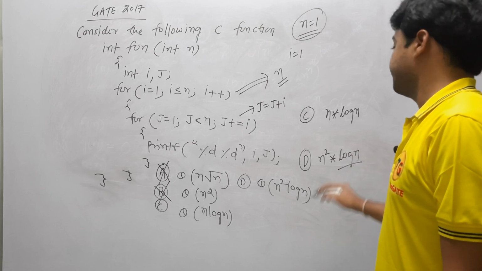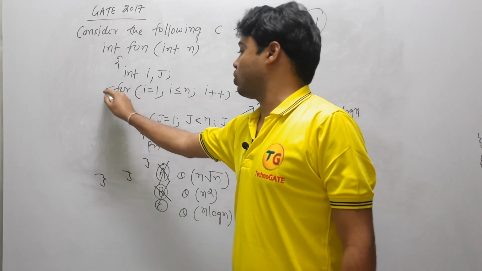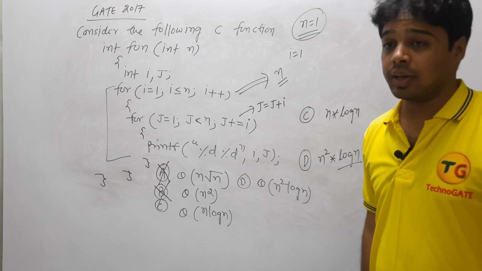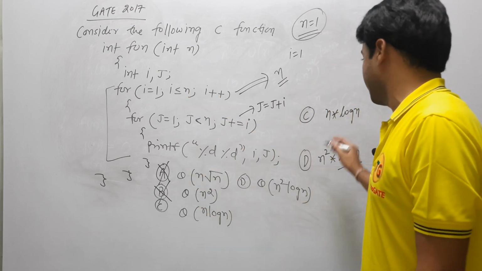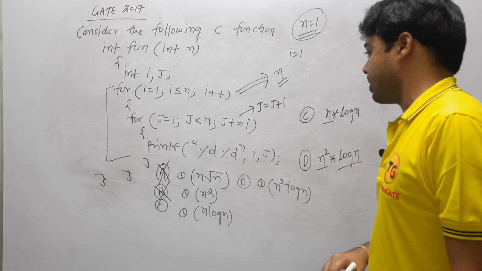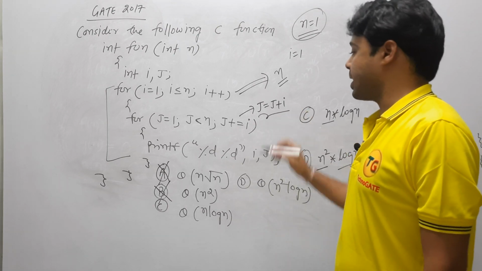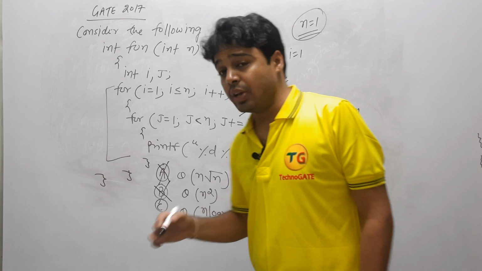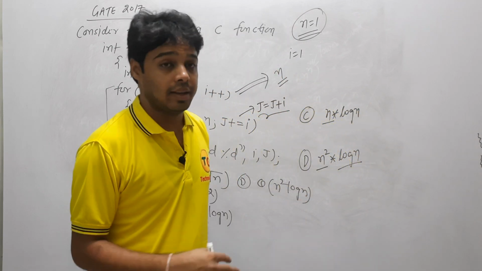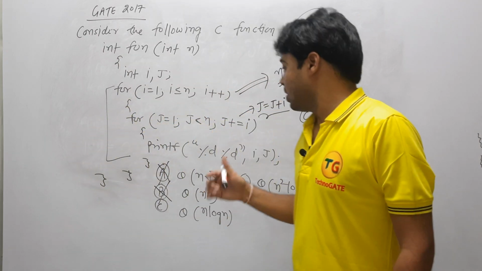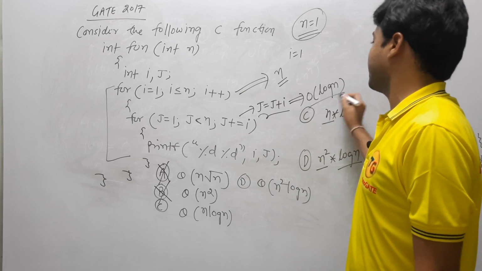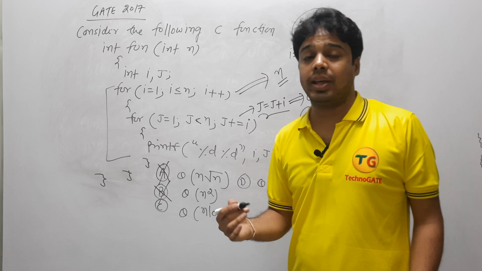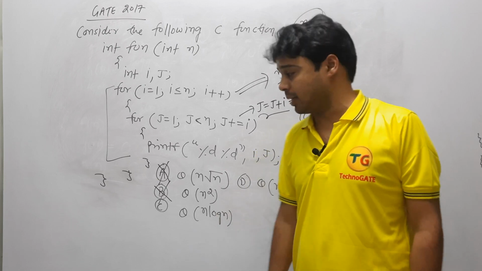There are two for loops, so the complexity is the multiplication of the two. The first loop will execute n times, not n square times, and in j equals j plus i, every time j is incremented by i, so it executes only log n times. Whenever the variable increases by the sum of itself, the complexity is always logarithmic.